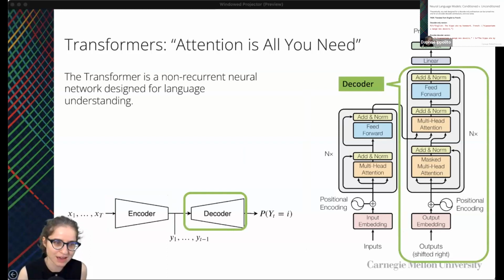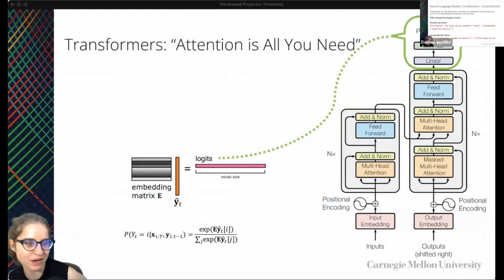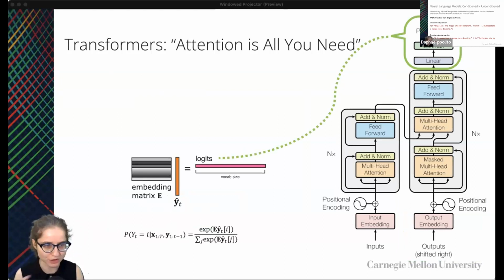You have your decoder. Again, this is what we've already seen. This part of the picture is exactly what we've talked about already, where you have your embedding matrix and you are using it to find the logits, which is a score for each item in your vocab, and then you're taking the softmax on this to get your output probabilities. So that part we've seen before.